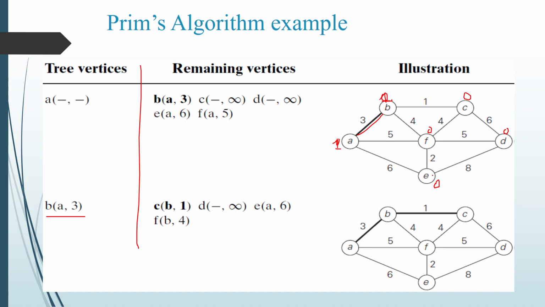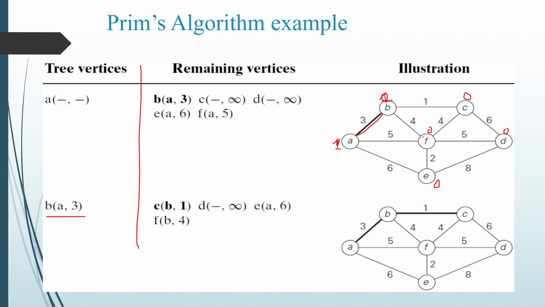And E. Now E is adjacent to A, that vertex you already visited. Is it adjacent to B? No, it is not adjacent to B, but it is adjacent to A. So that's why A comma, and the edge weight is 6.